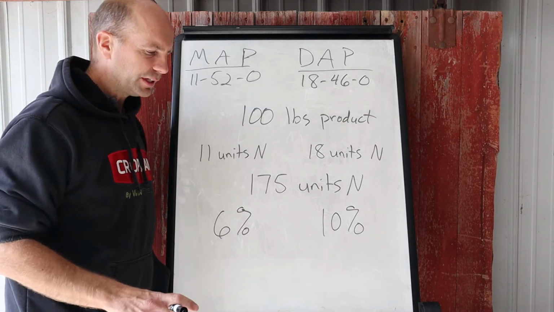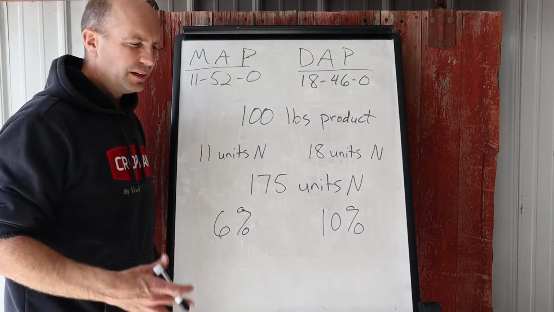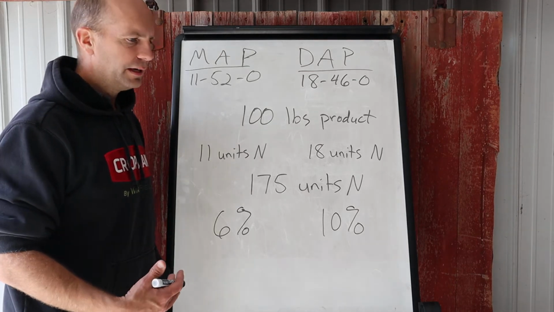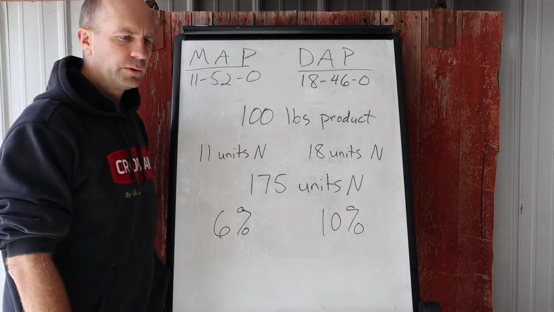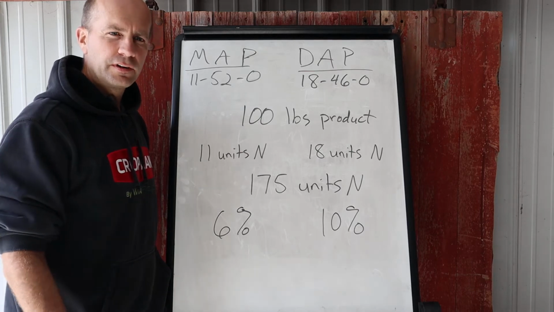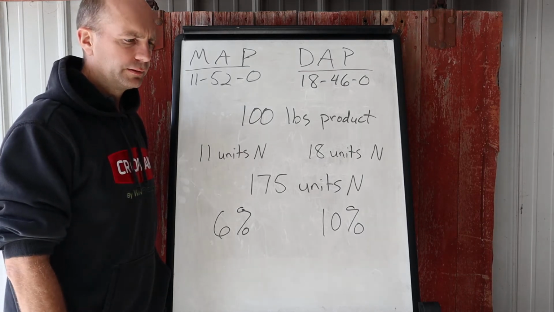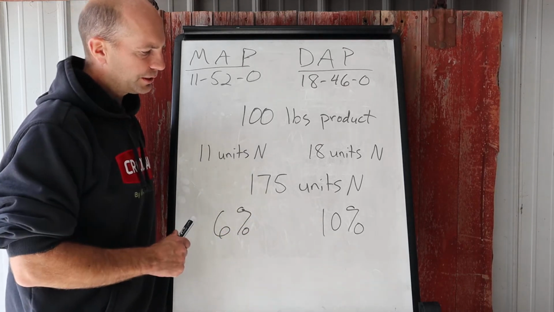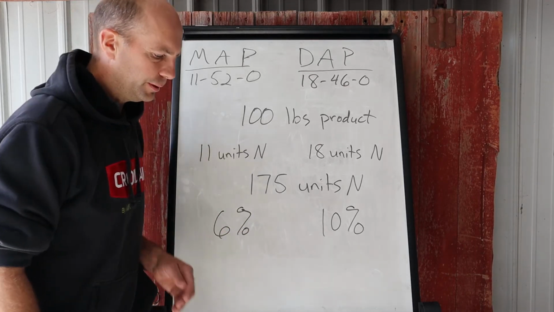Still a small percentage of the overall nitrogen I need, but getting to be substantial and certainly something that we care about. We certainly don't want to lose that both economically or environmentally. We don't want to see that nitrogen in the water systems.